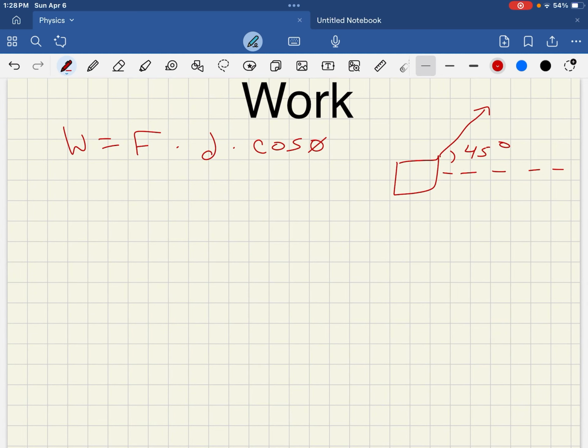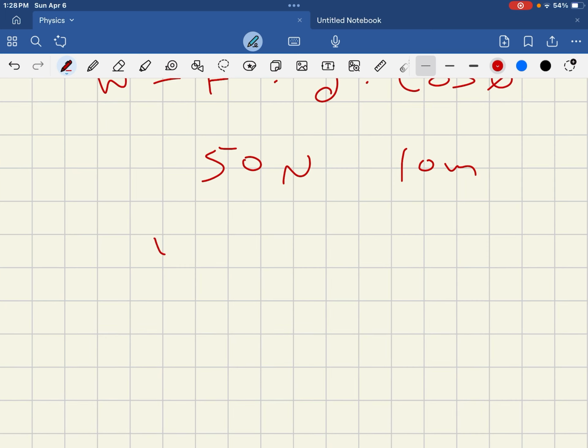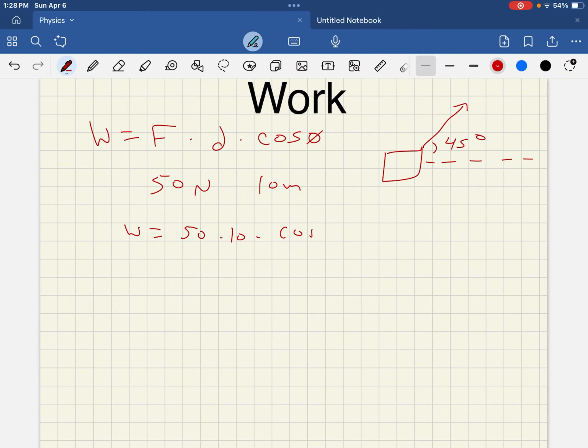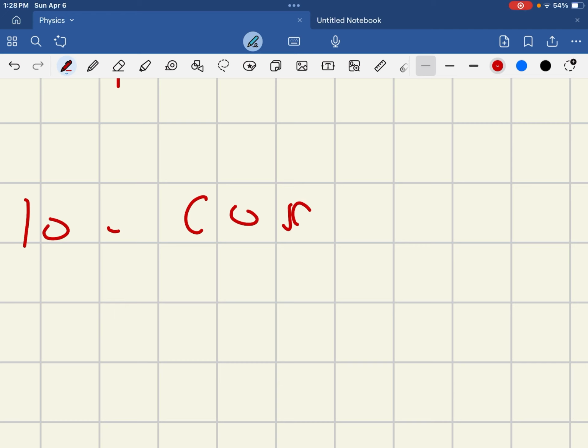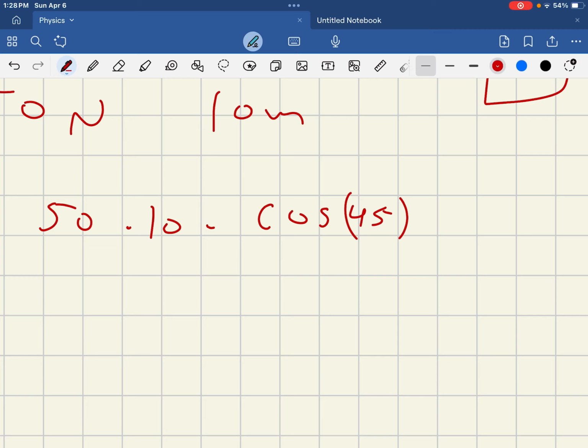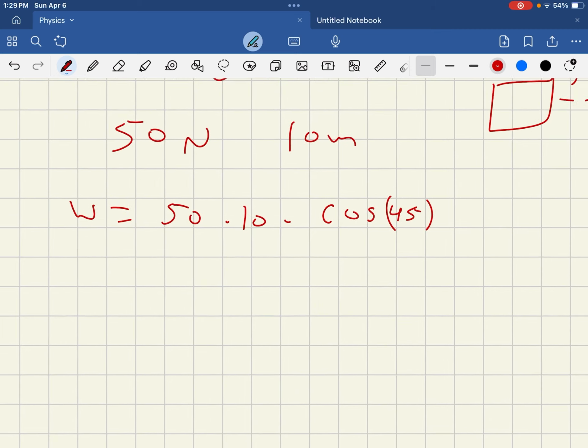So now, and let's just say we have the same forces, 50 newtons of force, and then when we pull it for 10 meters, it's just the same kind of setup, work equals 50 times 10, and then we just attach cosine of that angle. So cosine of 45, cosine of 45 times all that.